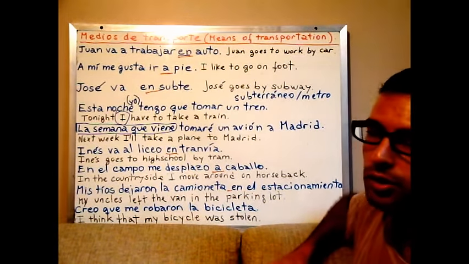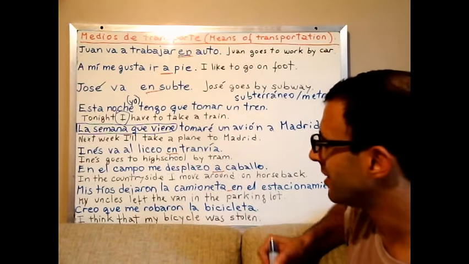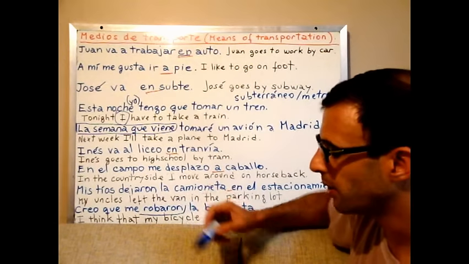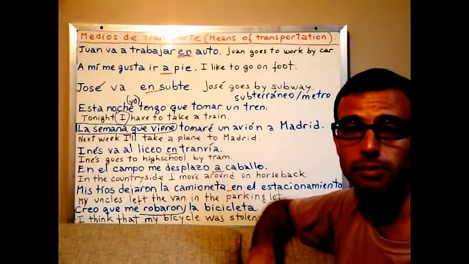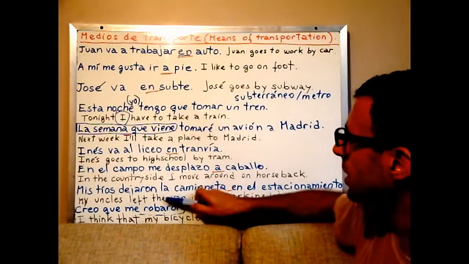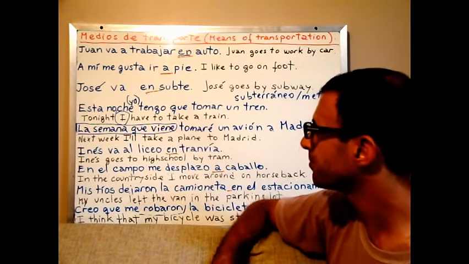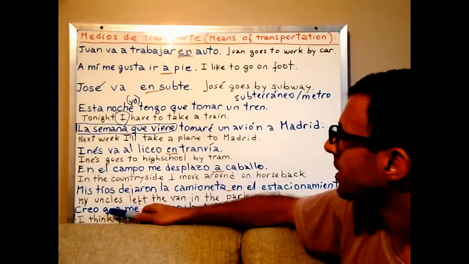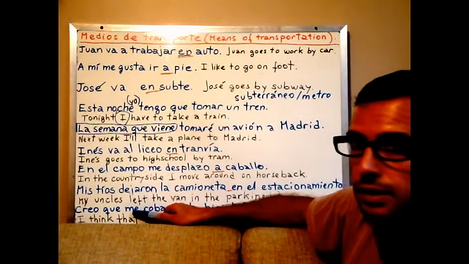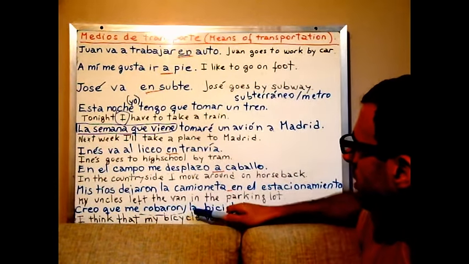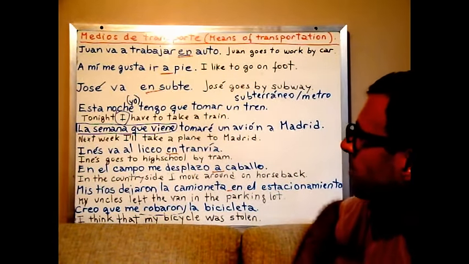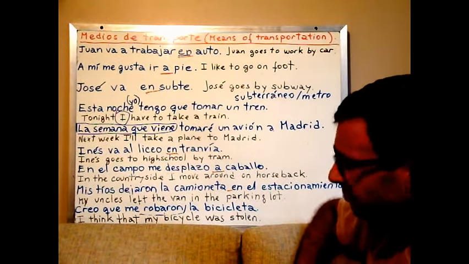The pronoun they is already implied in the conjugation of the verb robaron. Robaron means robbed, because this is conjugated in simple past. Creo que me robaron la bicicleta.